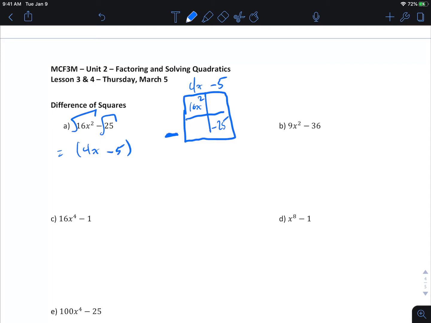What has to go right here, on what we'll call the width, in order to make this table work out? I'm multiplying this by this to give me this. What do I have to put right here so that when I multiply this by this, it gives me this?